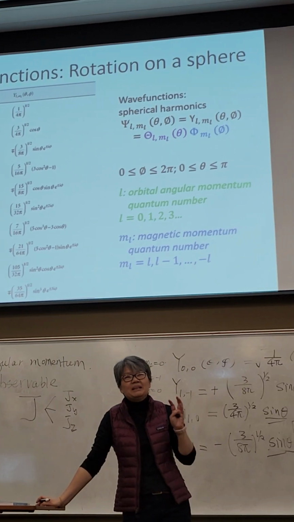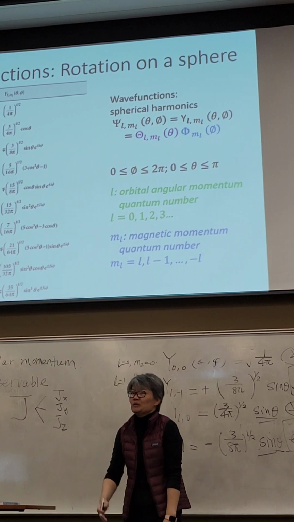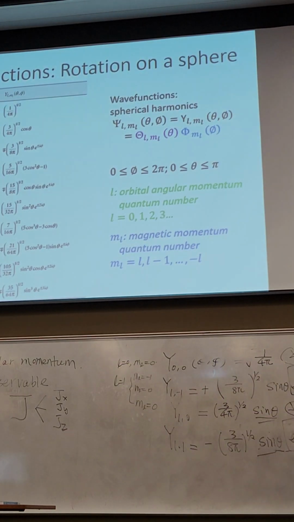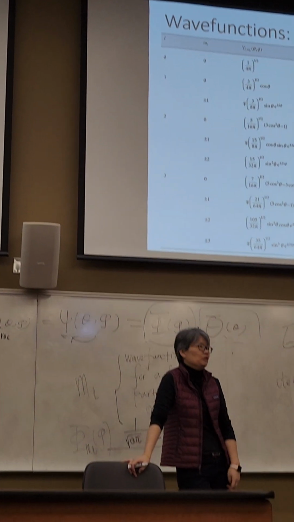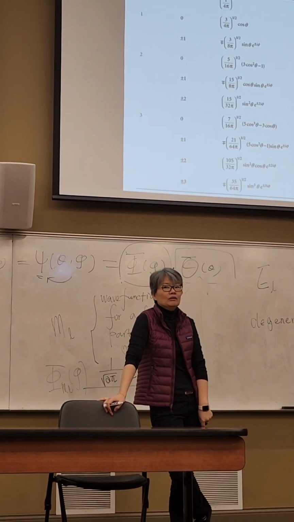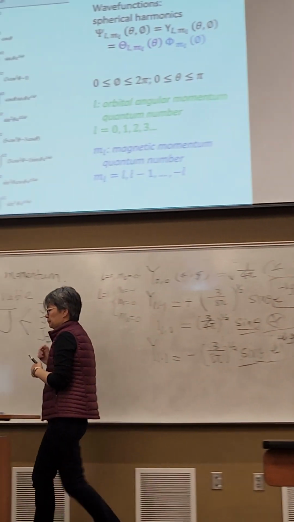They all correspond to the same energy, so therefore the degeneracy is 2L plus 1 fold. So when L equals 0, what degeneracy do we look at? 1 fold. When L equals 1, what degeneracy do we look at? 3 fold. Okay, very good. All right.